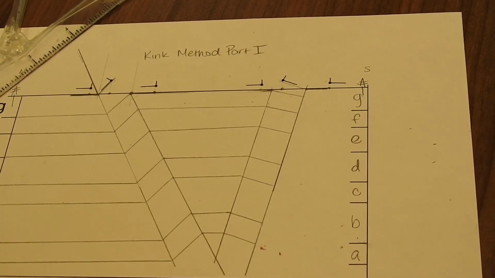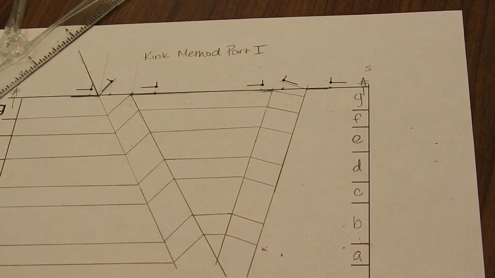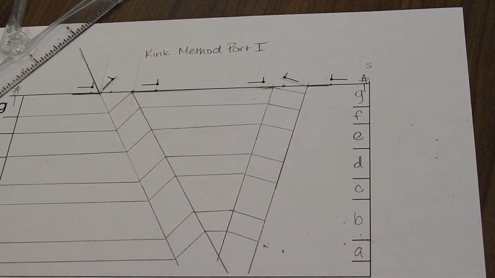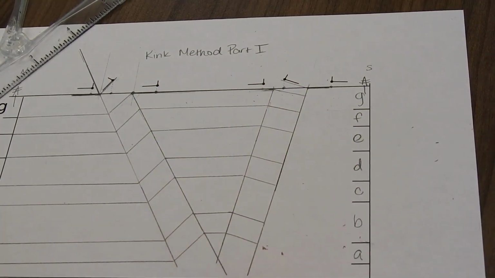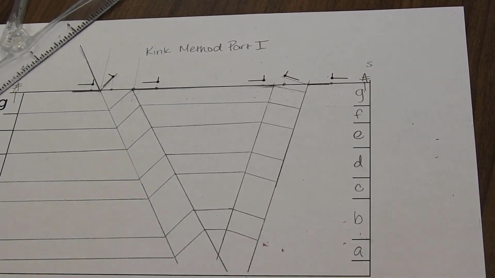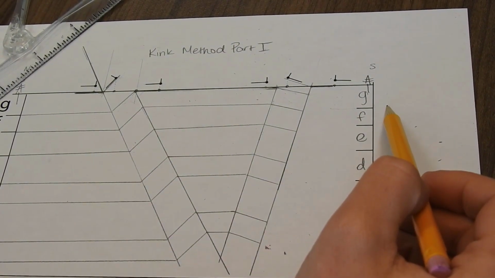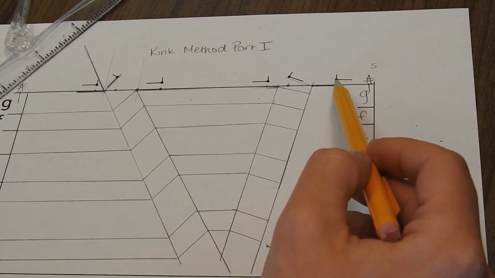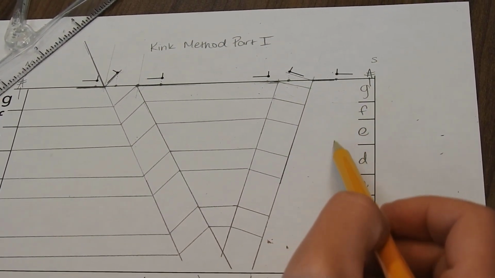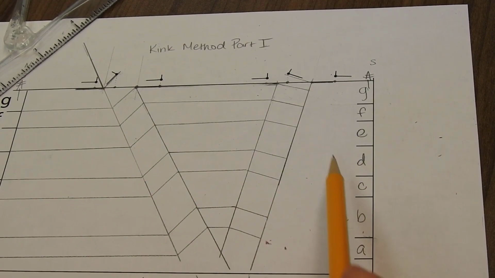So what is that? We must have missed something when we were in the field. There must have been some extra piece of information about dip that would have allowed us to go ahead and carry these units over. So what I'm going to do is honor the fact that at this location we saw a horizontal dip.